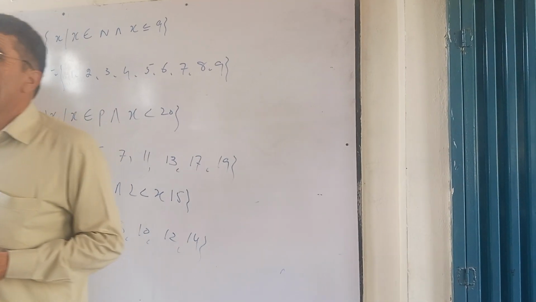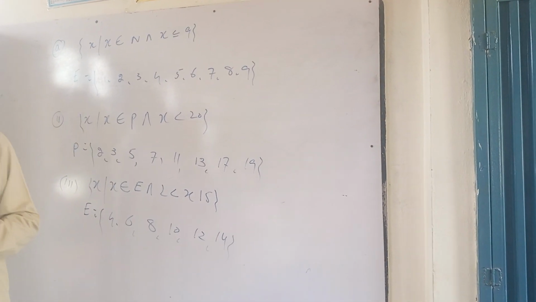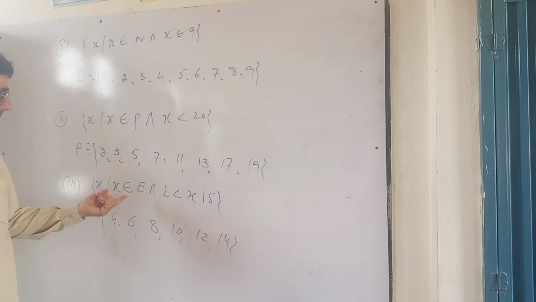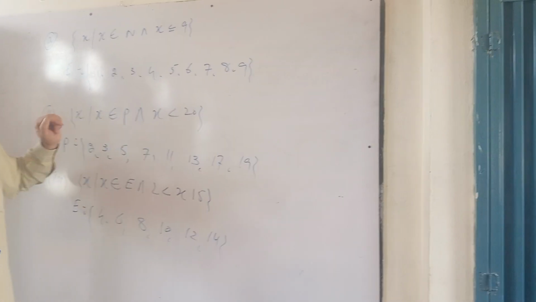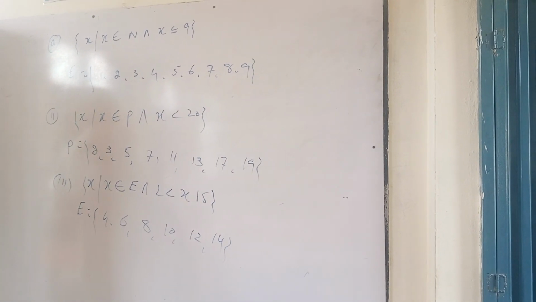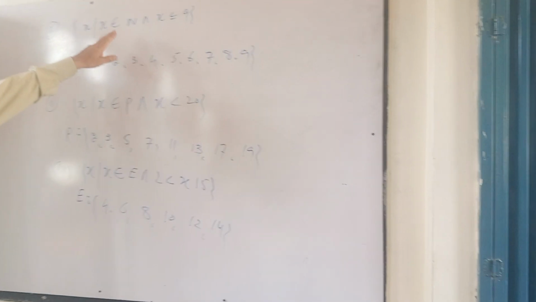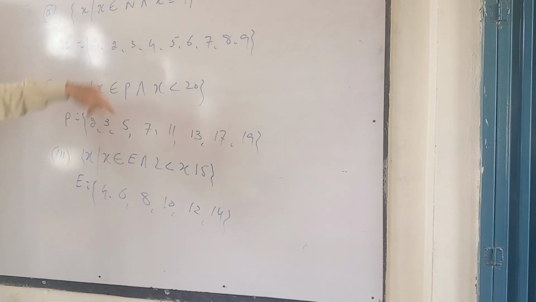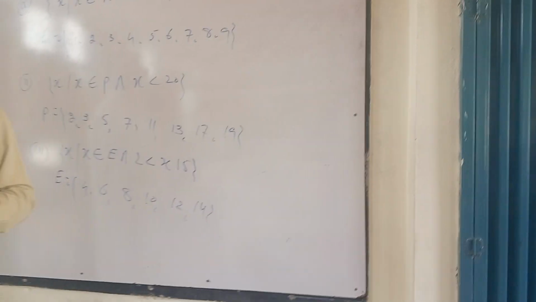These are not very difficult questions, but you have to understand the statement given, and in the statement what represents E and P, and also N. You have to study these sets: that the natural numbers that N represents, which type of set, and P represents which type of set, and E represents which type of set.